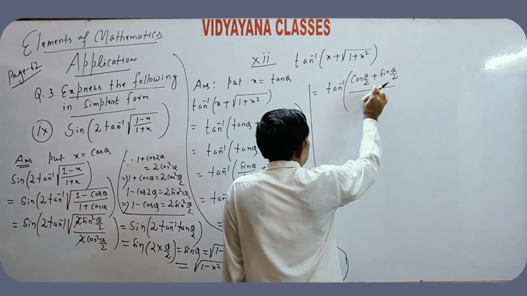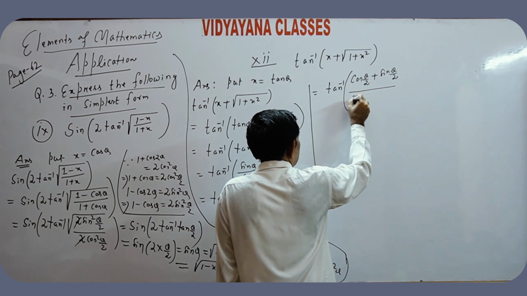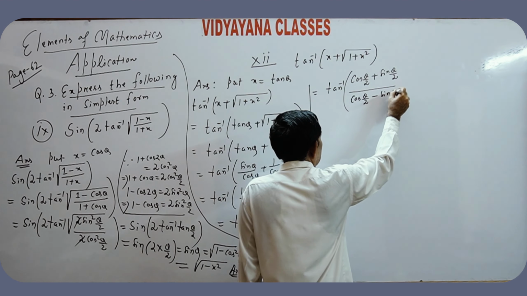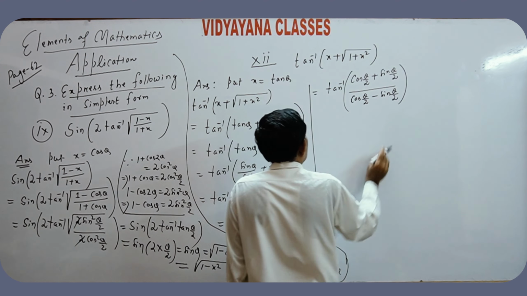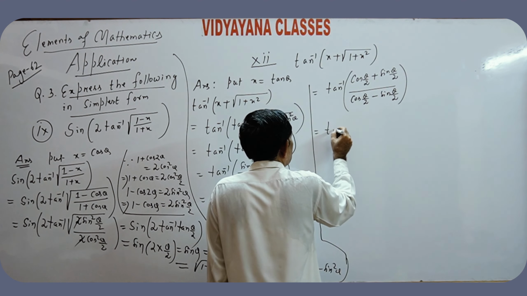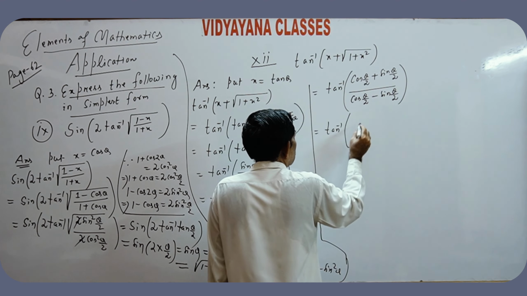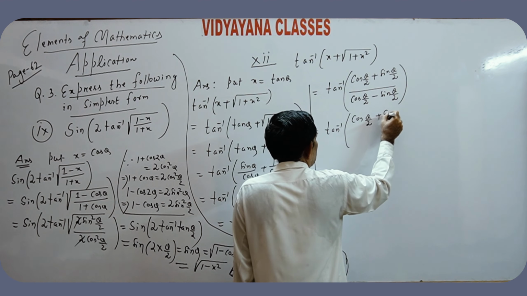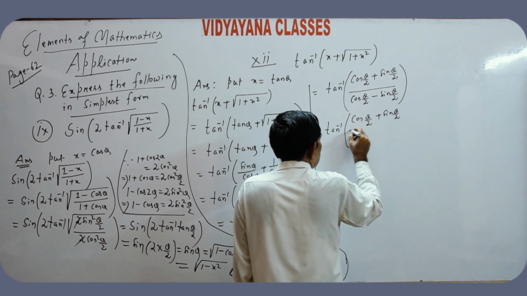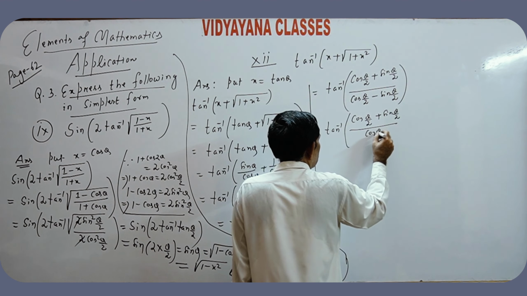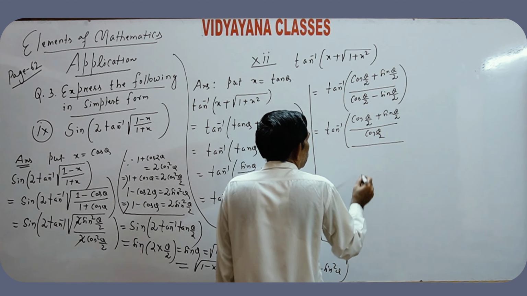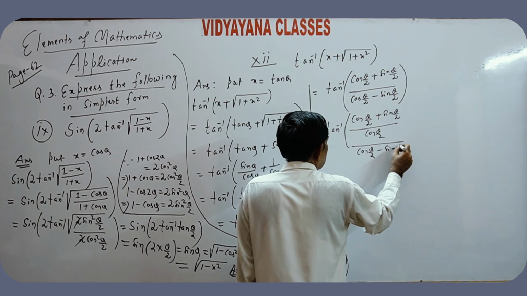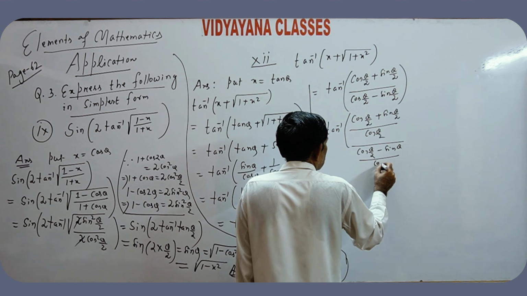It gives cos theta by 2 plus sin theta by 2 divided by cos theta by 2 minus sin theta by 2, which is same as tan inverse of cos theta by 2 plus sin theta by 2 divided by cos theta by 2, whole divided by cos theta by 2 minus sin theta by 2 divided by cos theta by 2.